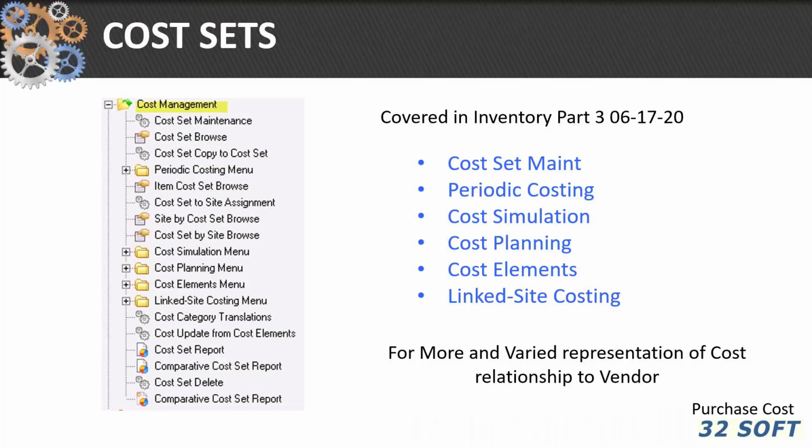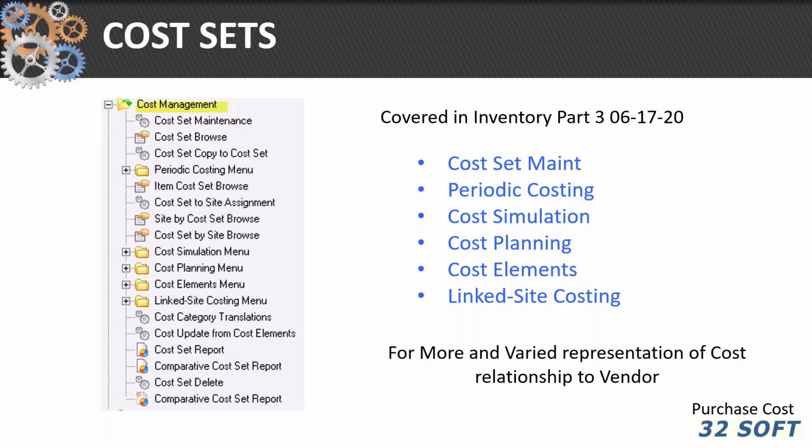Cost sets, I won't talk a lot about cost sets. We covered that in June of this year. Cost sets, more and varied representation of cost relationship to the vendor. So if you got a cost analyst, they should become familiar with the cost maintenance, cost simulations, planning, etc., etc.